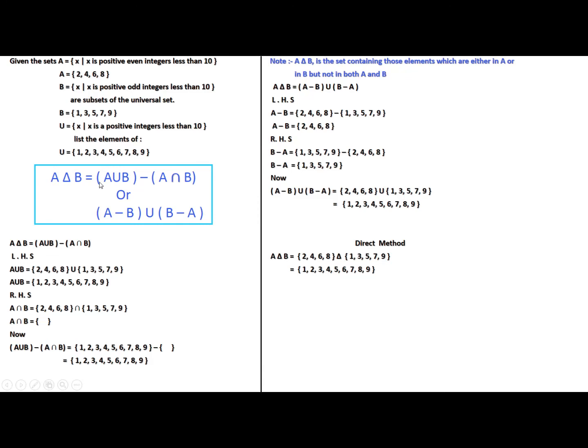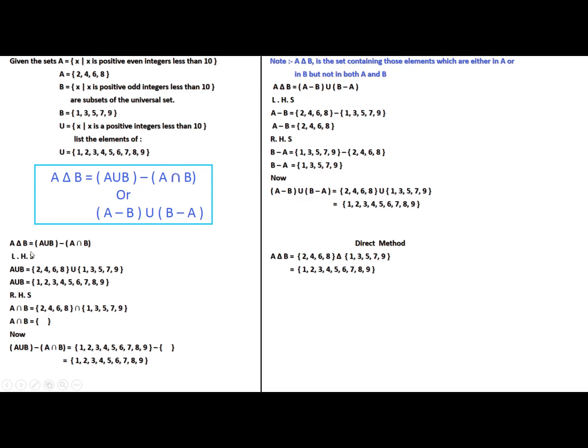Students, this is your choice. If you want to solve with A union B, that is also correct, and if you want to solve with A difference B, that is also correct. You only have to choose one. But I have solved all methods for you because I am telling you how to find it. Now it is up to you which method you want to apply. First I am applying the first one.